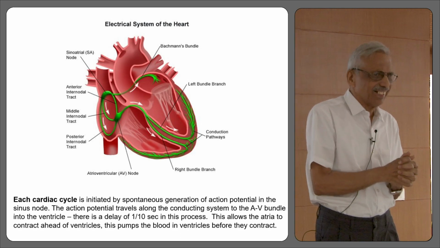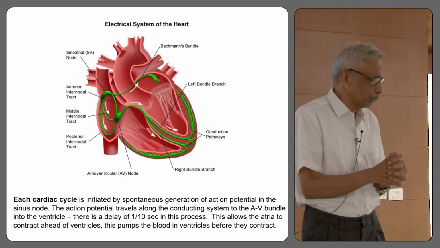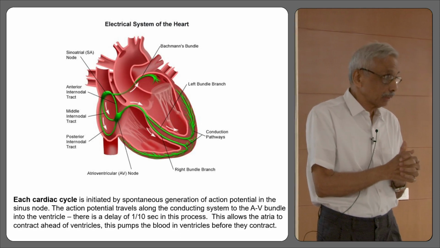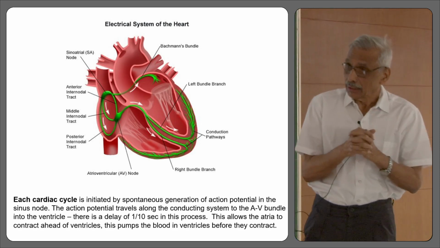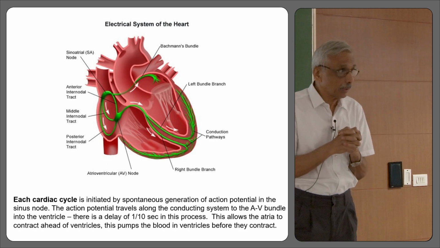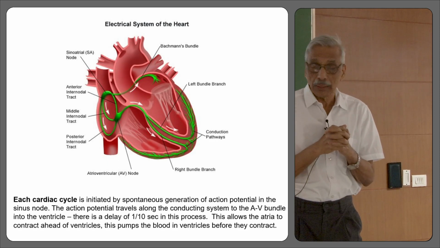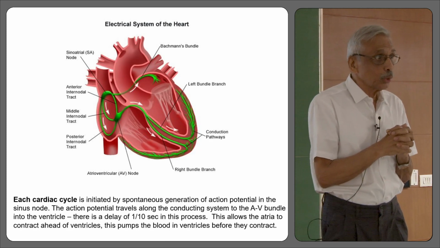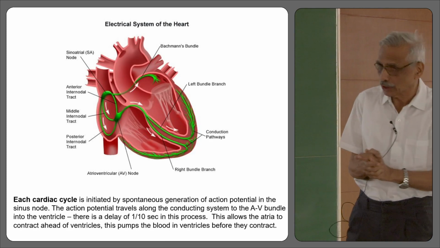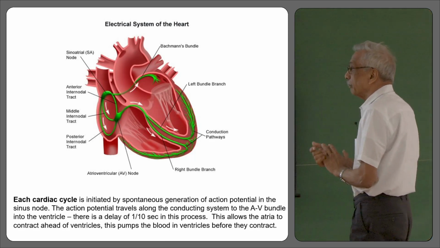Are they there? Yes, they are there, not that they are not there, but they are very few. And some of them, actually all of them, if you place an electrode in them, they show the property of self-excitation. About that I will come in the next slide.